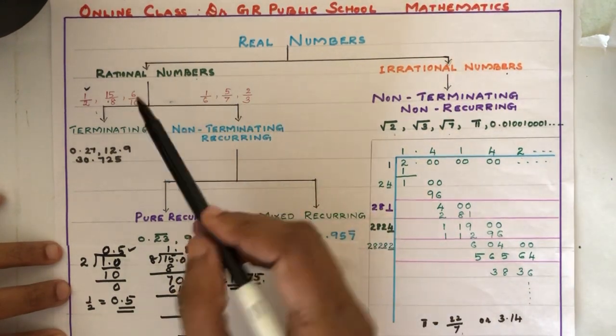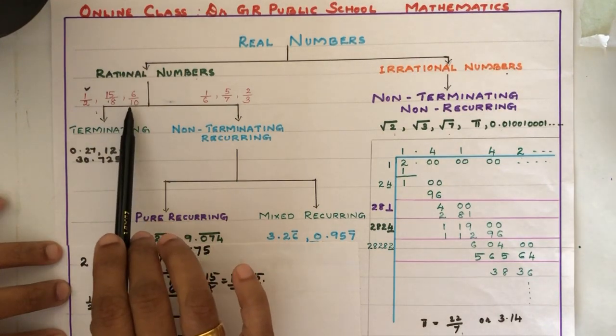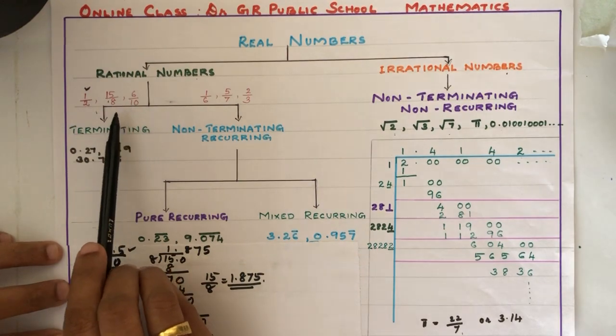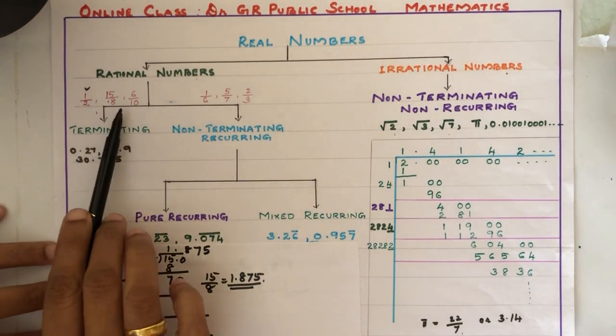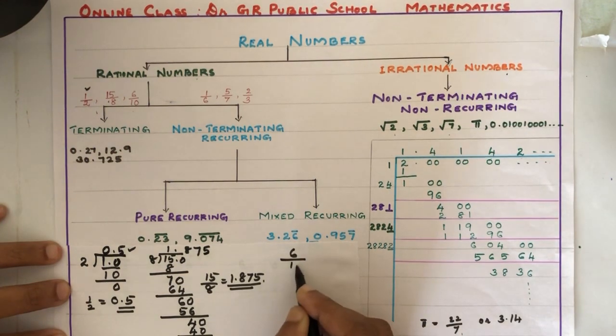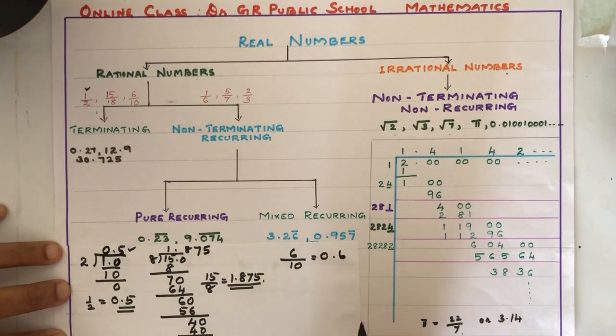Now, if the denominator is 10 or 100 or 1000 etc., it will be easy to write the decimal form. 6 by 10: how can we write the decimal form? 0.6. Or if the number is 378 by 100, how will you write the decimal form?